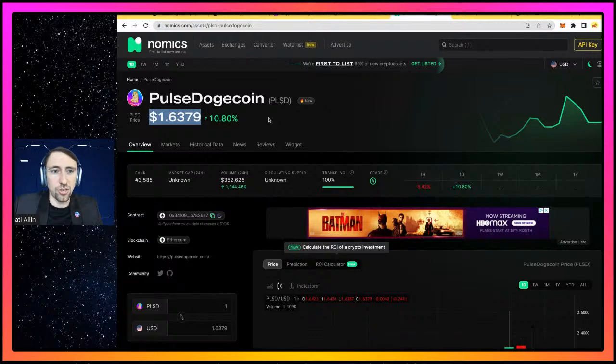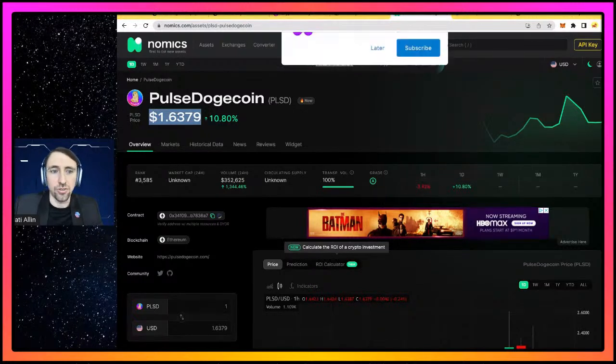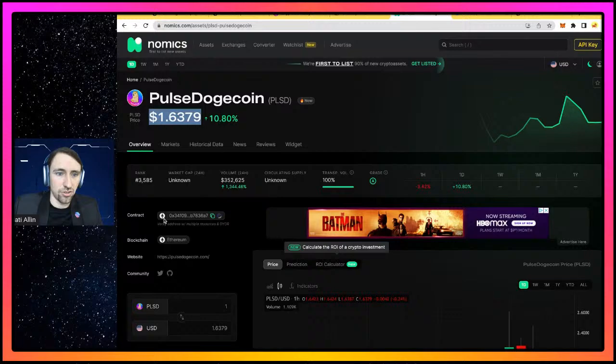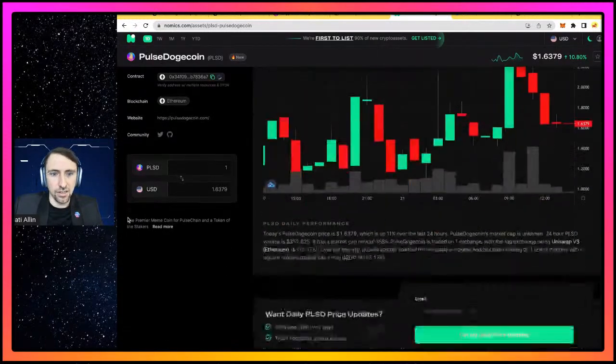It peaked at almost $2, and now it's sitting at $1.63. The volume is up from last night when it was about 150,000 to now about 12 hours later at $352,000 of volume.